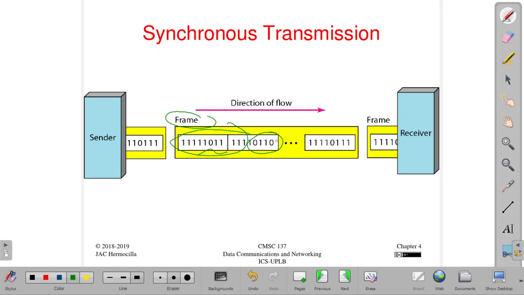It is not a fixed 8-bit grouping, and the interpretation is left to the data link layer. We'll talk about the data link layer when we talk about HDLC, and it's going to discuss the different frames, and we're going to go back to this discussion on serial transmission, start and stop bits, etc.